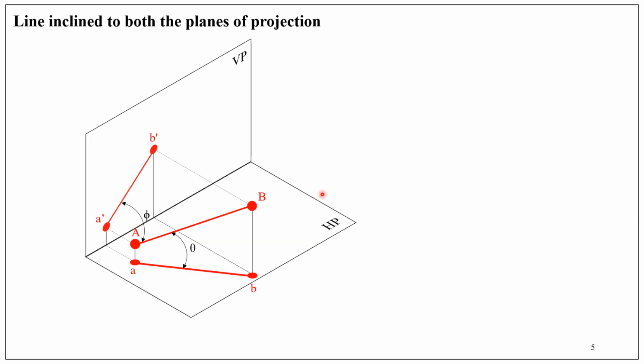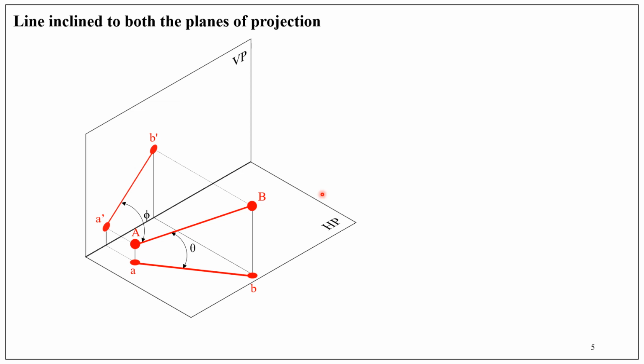We are going to draw the rotation of line AB about A and the inferences we discussed on this three-dimensional imagination of projection of the straight line AB, and learn how to draw the projection of a straight line when it is inclined to both the planes of projections.